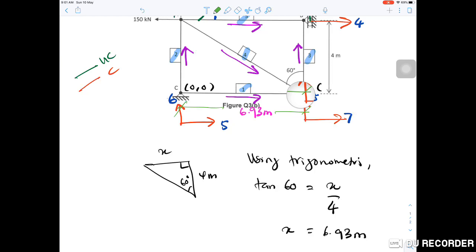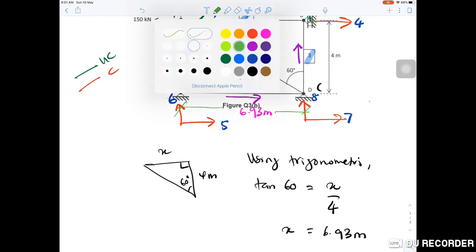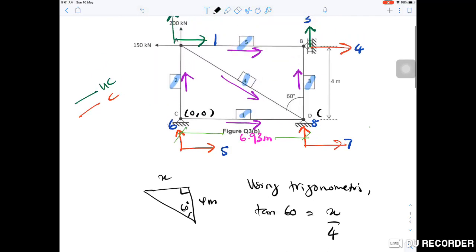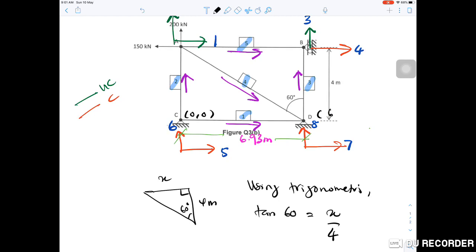Alright, so I will continue to label all the coordinates. Okay, so for D it is 6.93, 0.